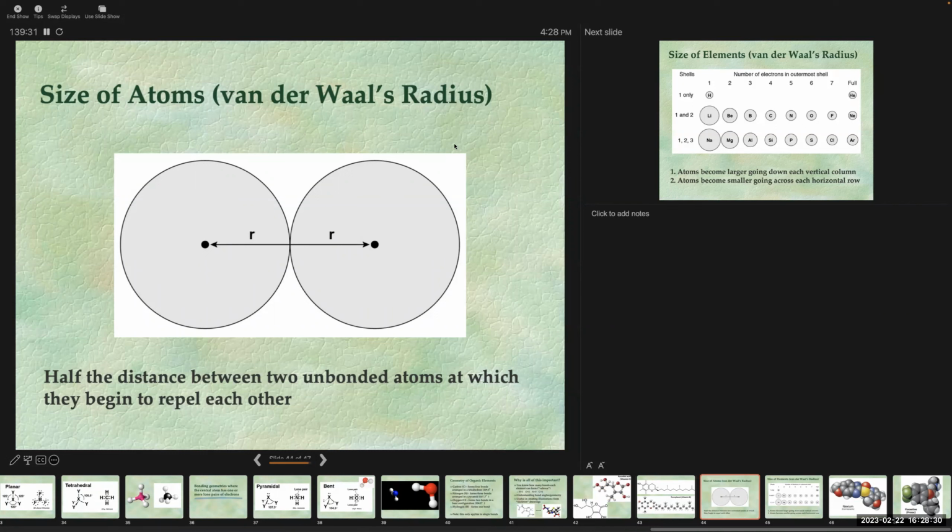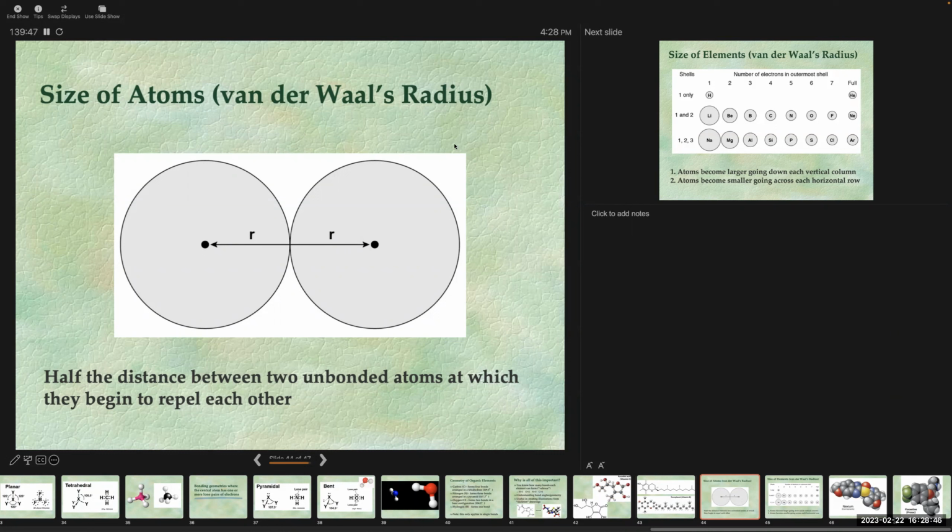So what's the distance between two atoms when they start to push one another apart because their electron clouds are starting to bump into one another? That's a way to think of van der Waals radius, even if it's not scientifically exactly accurate.